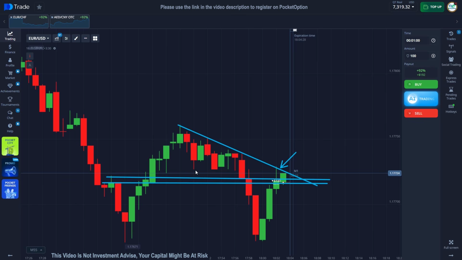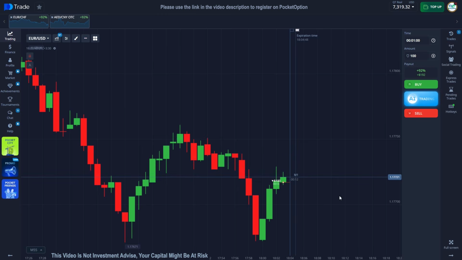The candles have tried to cross this line several times, but each time they have failed. That's why there is a possibility of a red candle forming after the green candle reaches the trend line and received rejection from it.